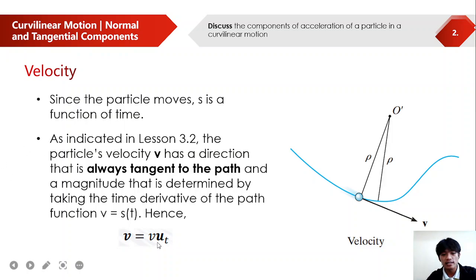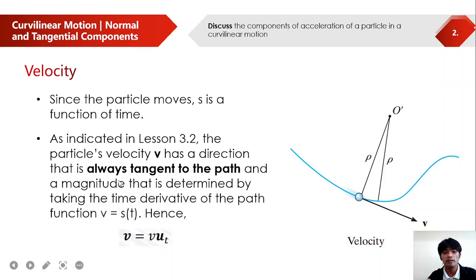For your velocity vector, it can be equal to the magnitude of the velocity and the unit vector of the tangential component of the particle. Again, dalawang component ang kinoconsider natin dito sa particle, yung tangential and your normal.